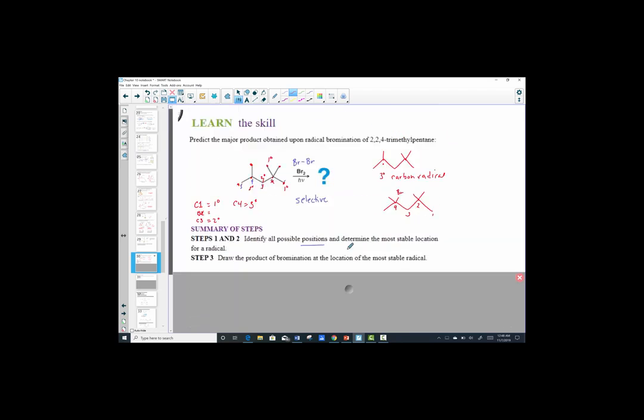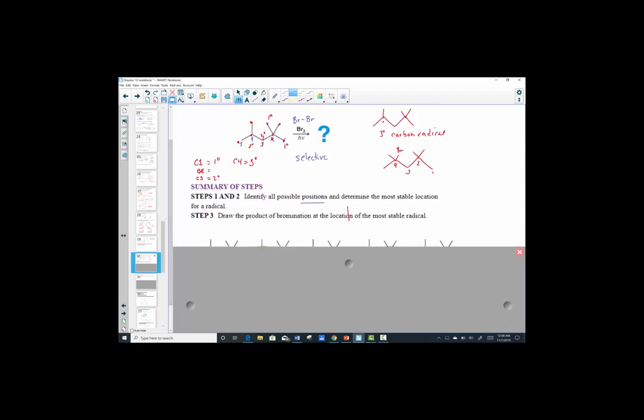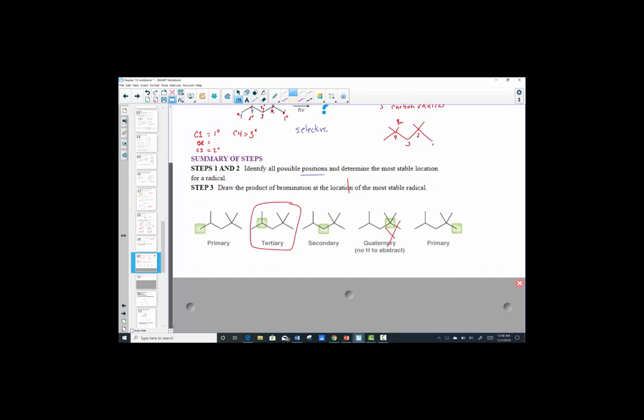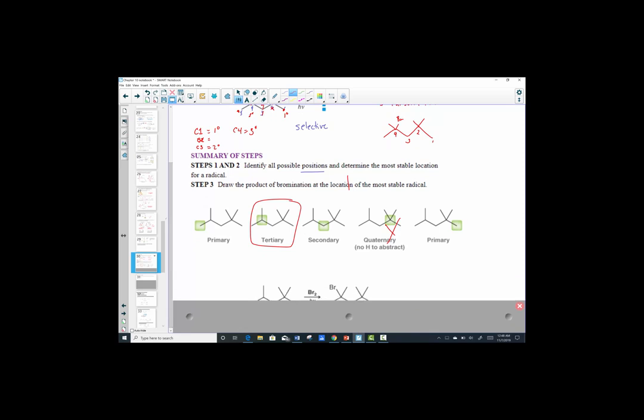Let's emphasize those steps. The first thing we did was to determine where would be the most stable position. We found primaries, tertiary, secondary. The quaternary had no hydrogen, so we took that off the plate. And we decided the most stable configuration was the tertiary carbon radical. And again, that would be the position where we would find the bromine add.